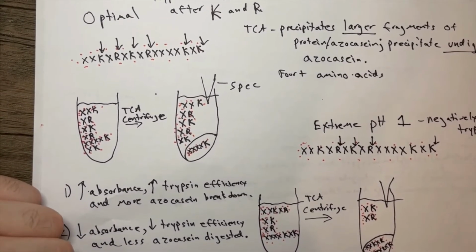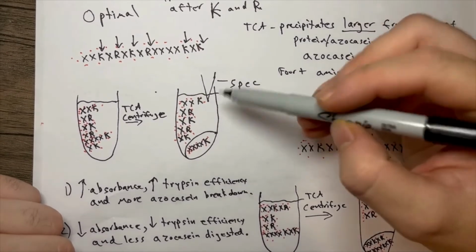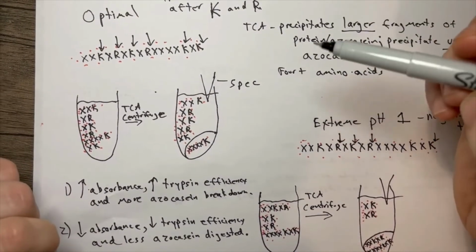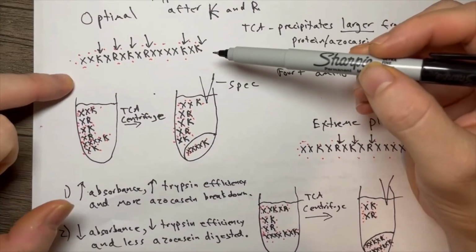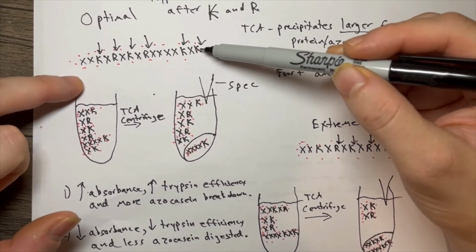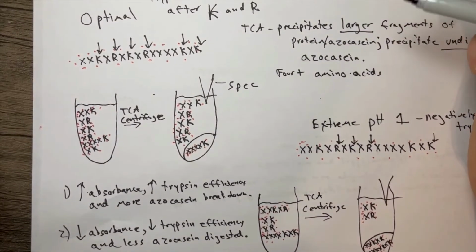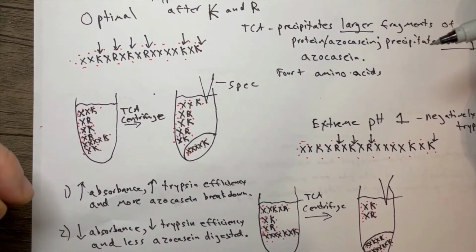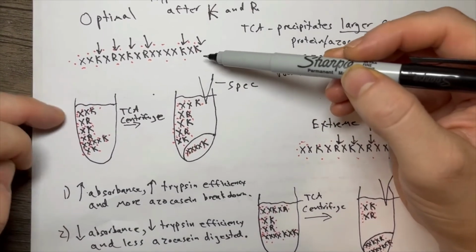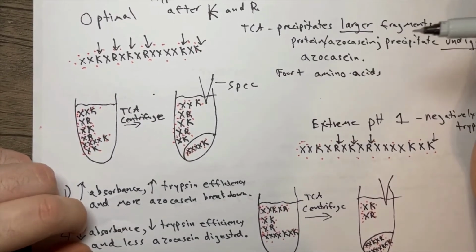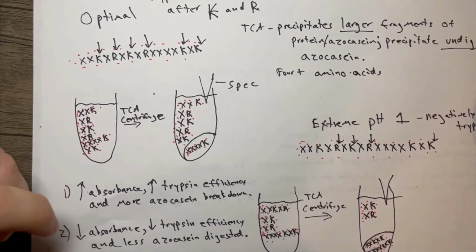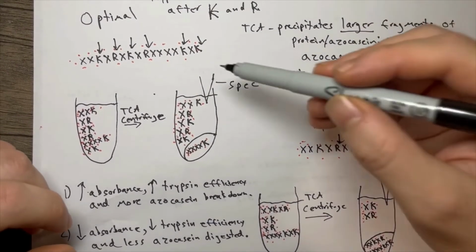Second thing to think about is that, assuming the reaction conditions such as temperature and pH are adequate for azocasein, it would not be in a linear or primary structure form like this. It would in fact be in its 3D conformation, or its tertiary structure. But it would still be fragmented by trypsin. Trypsin would still be able to cleave after these lysine and arginine residues to fragment that protein.